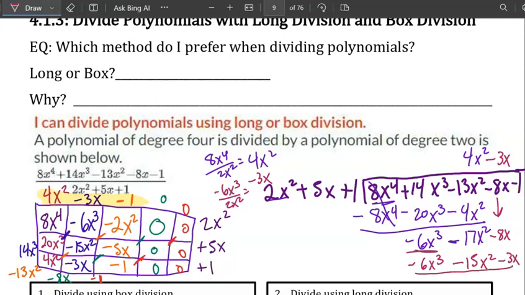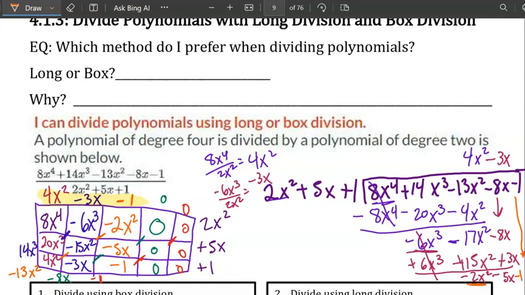And then we subtract, so we change the signs of all of the terms, not just the first one. So they all become positive here. Those cancel. You have negative 2x squared minus 5x. And then we bring down that negative 1.